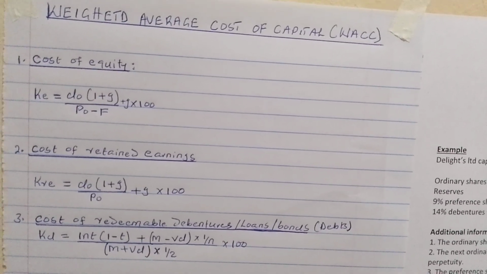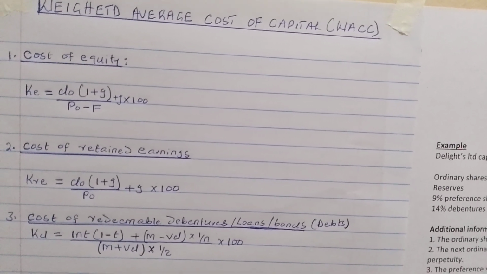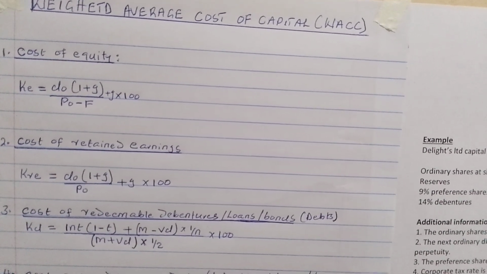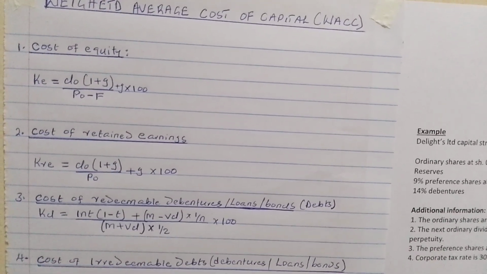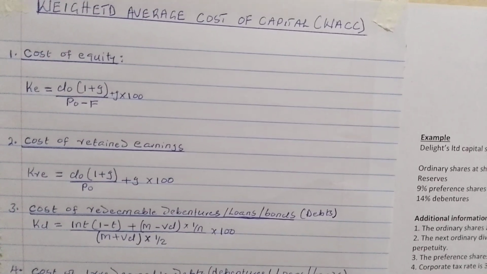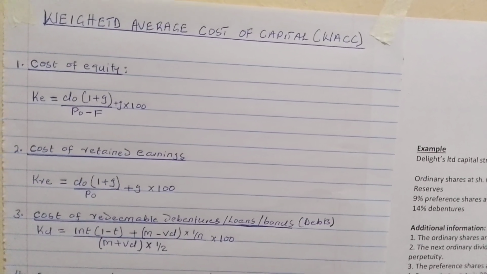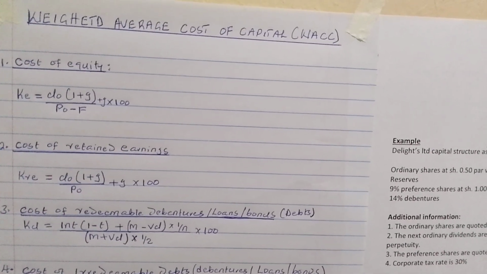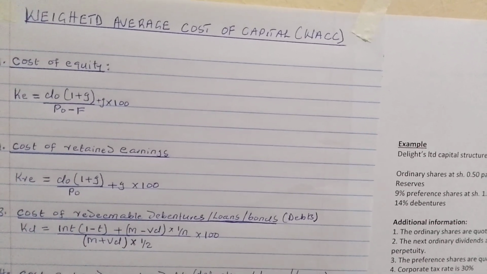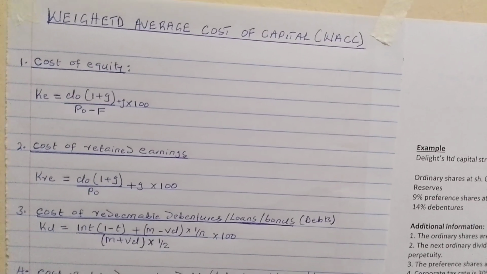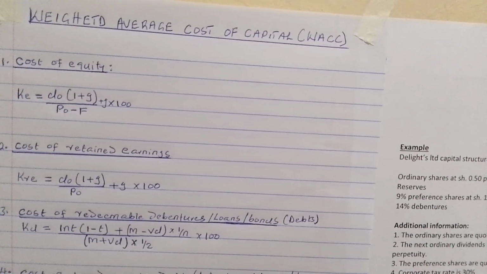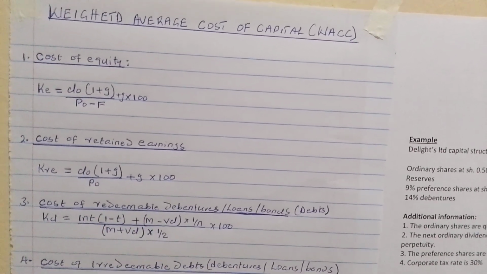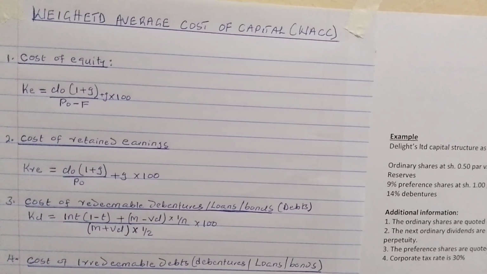Equity means ordinary shares. The second classification is preference shares, and the third is debt. Have in mind those three classifications, because when you calculate the weighted average cost of capital, we will be taking cost of equity times weight of equity plus cost of preference shares times weight of preference shares plus cost of debt times weight of debt.